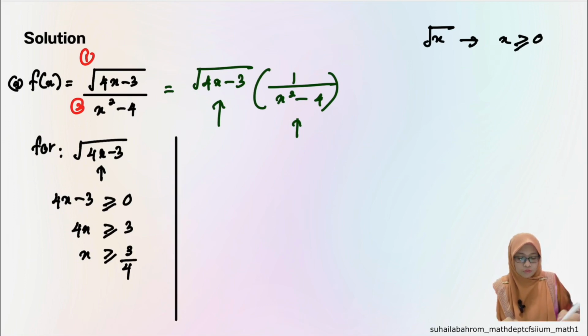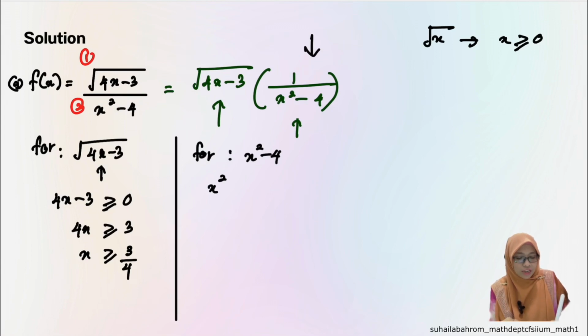And how about the domain for the second term? For the second term, I just put x squared minus 4. Understand that x squared minus 4 here is a rational function, not quadratic. For any rational function, any term in your denominator cannot be 0.